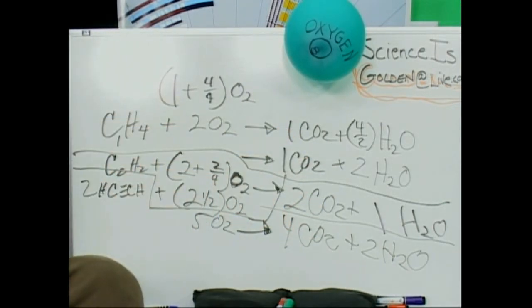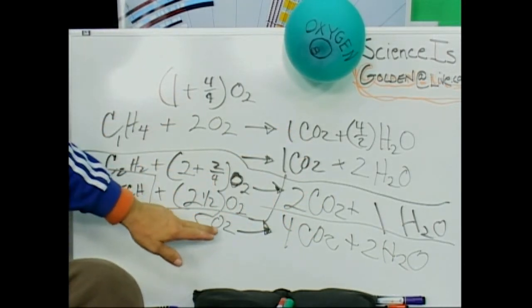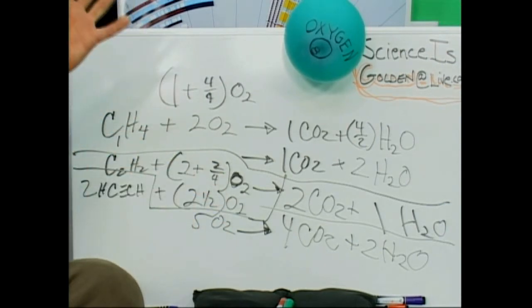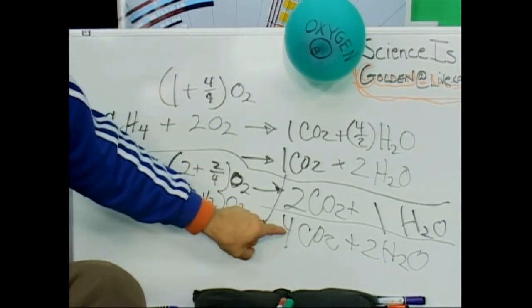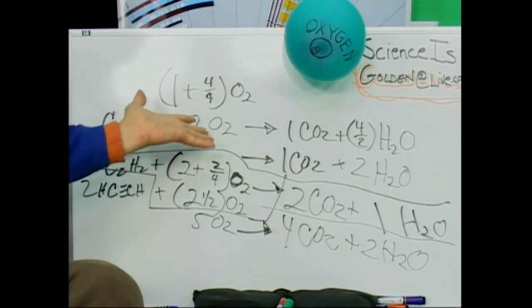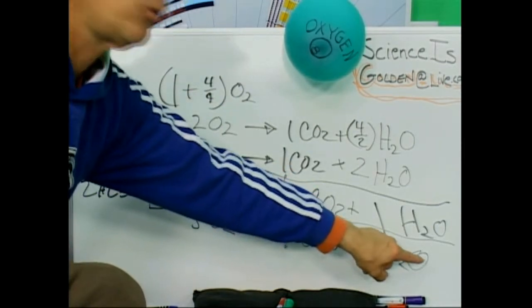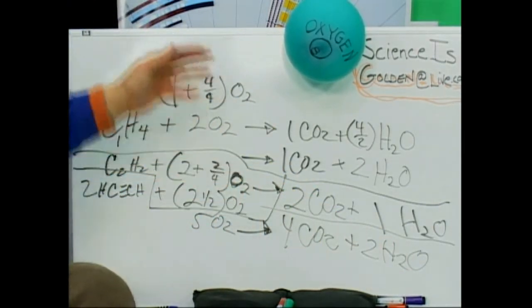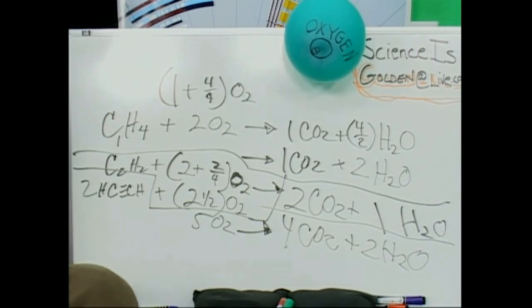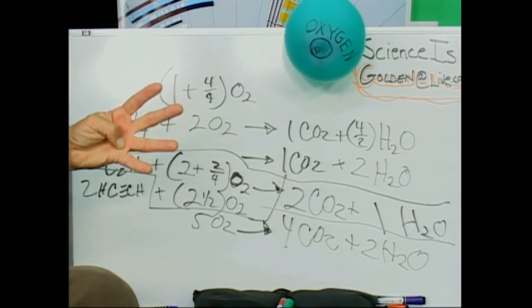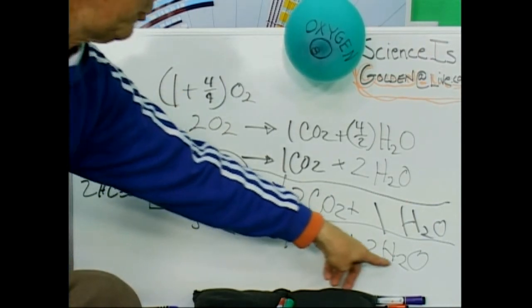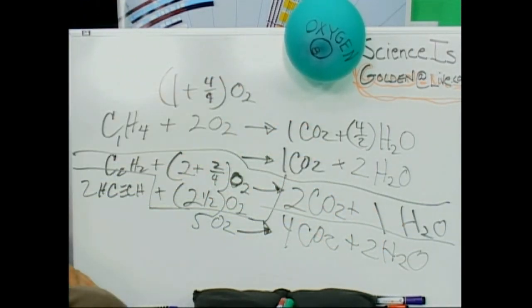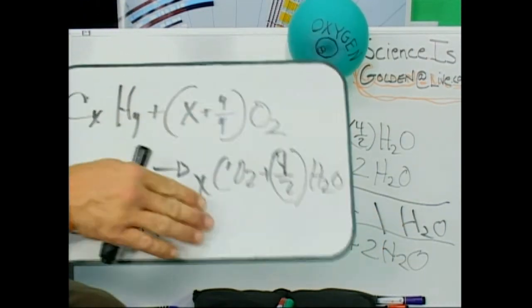Next we do the oxygen. No oxygens here. Here we've got 5 O2s, a total of 10. Here we got 4 CO2s is 8, and the O's in the water, 2, is 10. So that works so far. Lastly, H's. We got 2 times 2 is going to be 4. No H's in there. 2 times H2O, 2. It works. So this little formula here is pretty cool.